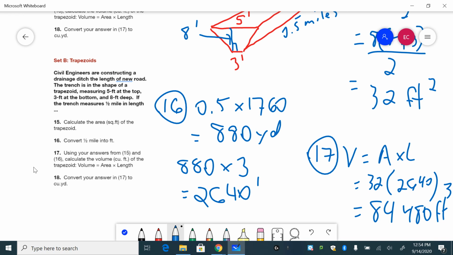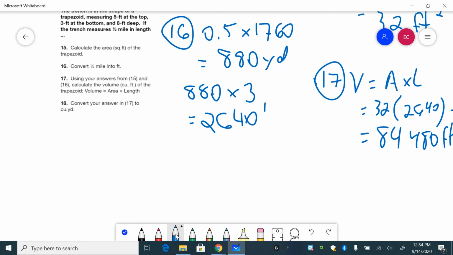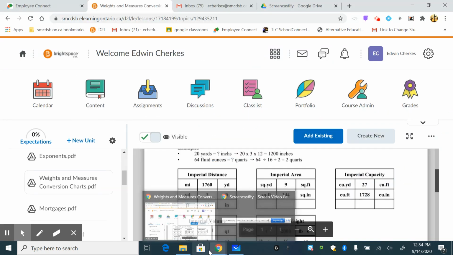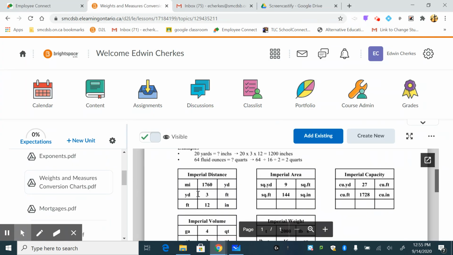Okay, number 18, convert your answer to cubic yards. Okay, so go to your formula package and go back to your weights and measures, so right here. And so we're going to go to volume. So that's over here. So we have cubic feet and we want to go to cubic yards.